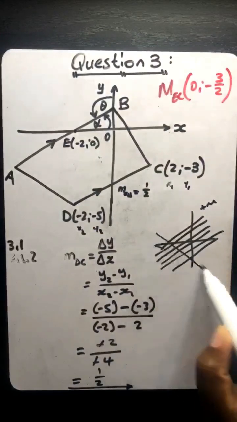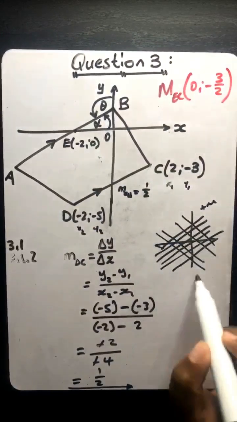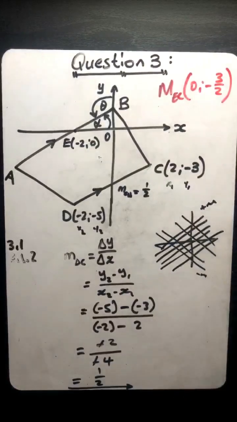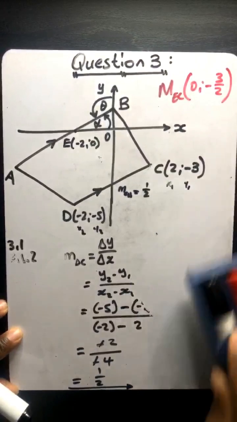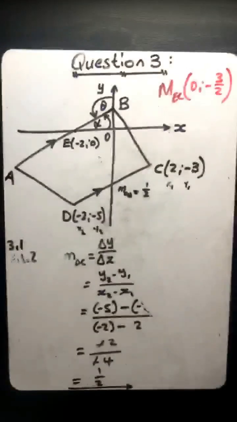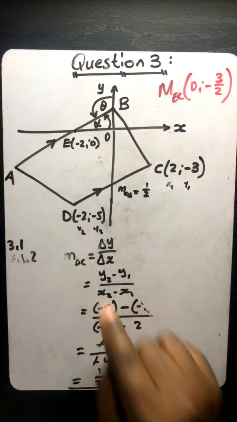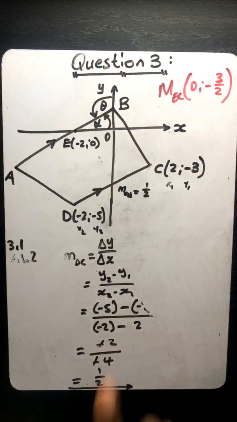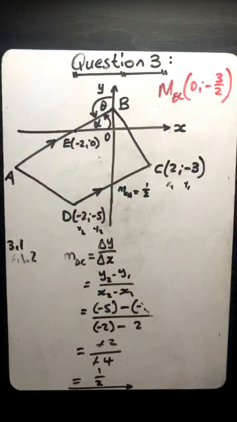And also this type of lines ending in the second and fourth quadrants always have negative gradients. So if you got a negative answer, then you know somewhere, somehow you got it wrong. Here comes the question. Now that we know that the gradient of DC equals a half, what else do we automatically know? Anyone who can tell?